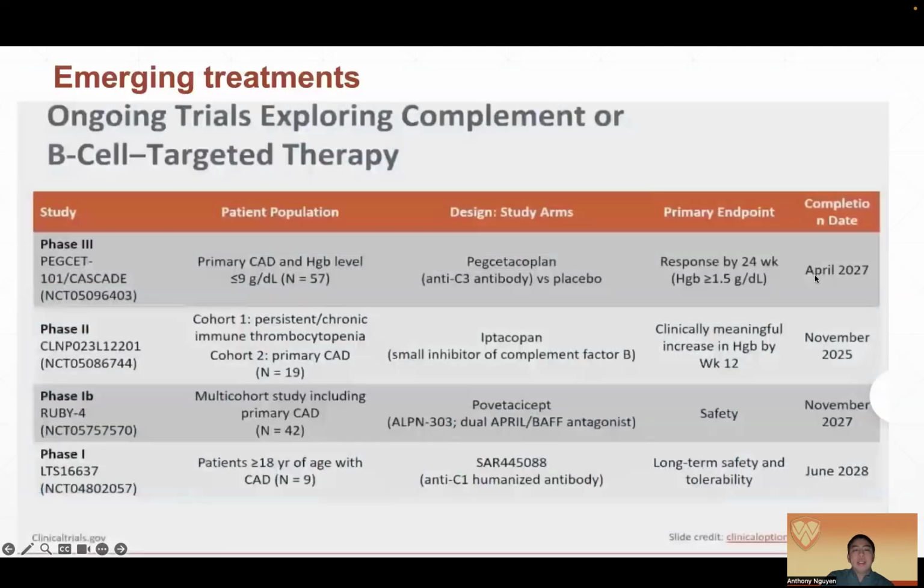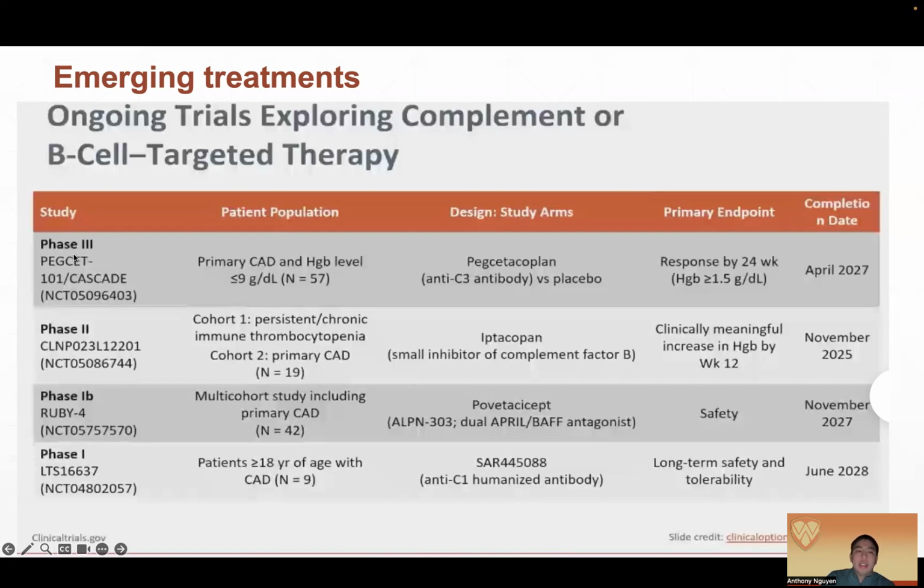There are emergent treatments, just like the other studies that we talked about for warm autoimmune hemolytic anemia. Povetacicept, again a BAFF and APRIL antagonist, is in a phase 1b for the Ruby 4 trial, and another phase 1 trial looking at an anti-C1 humanized antibody is also in trial for cold agglutinin disease.